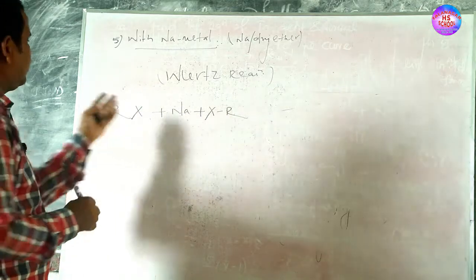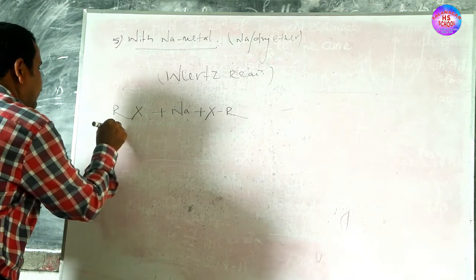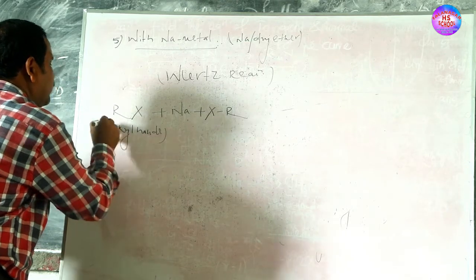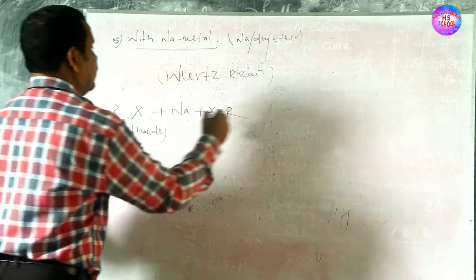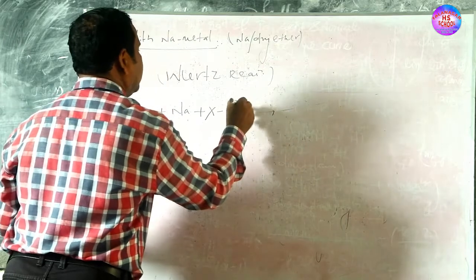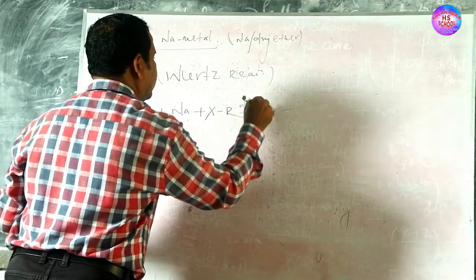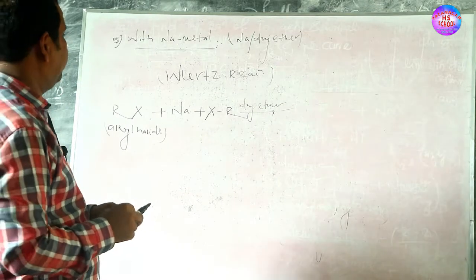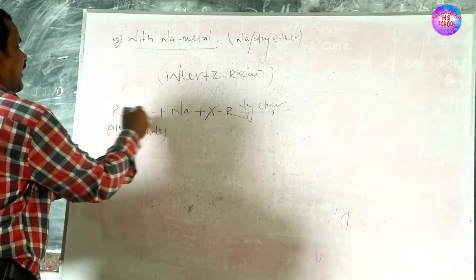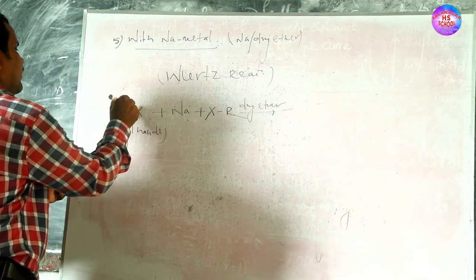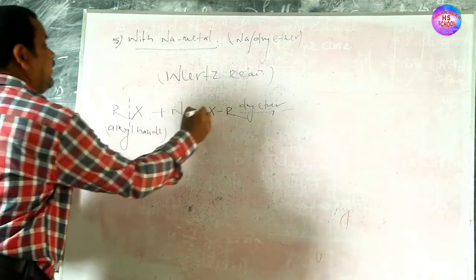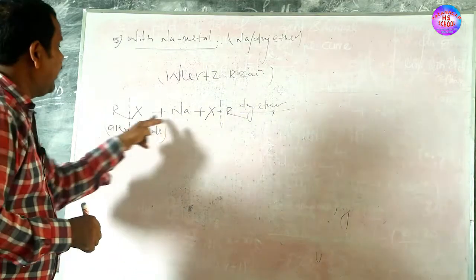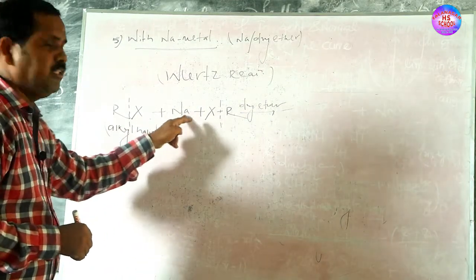This RX is alkyl halide, and the reaction takes place in presence of dry ether. So the R–X bond breaks and the X–R bond also breaks, giving sodium halide and sodium halide.